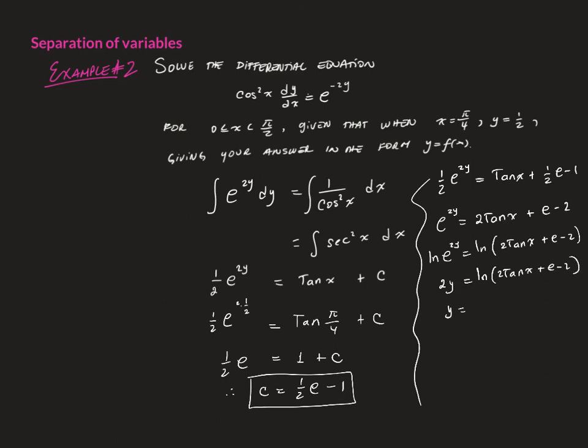And to answer the question, I just need to finish by dividing by 2. So y will be equal to 1/2 of ln of 2 tangent x plus e minus 2. And this would be the final answer.